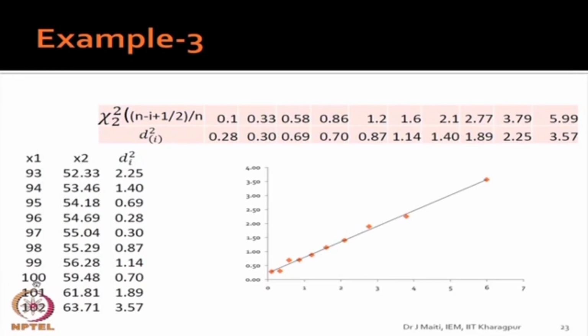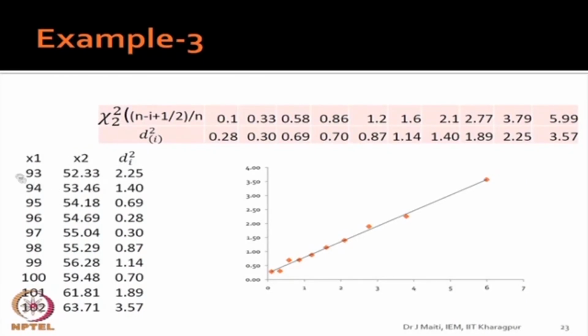That mean value you have to find out, and then, using the distance formula di square equals xi minus x bar transpose S inverse xi minus x bar, we computed this value, 2.25. So, my first observation is 2.25 distance apart from the mean. My second observation is 1.40 units apart from the mean, like this, 102 and 63.71. This is the 10th observation, which is 3.57 units apart from the mean.